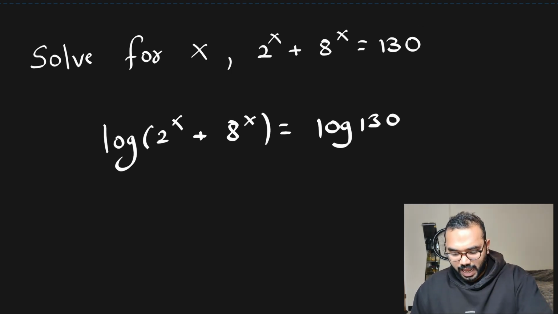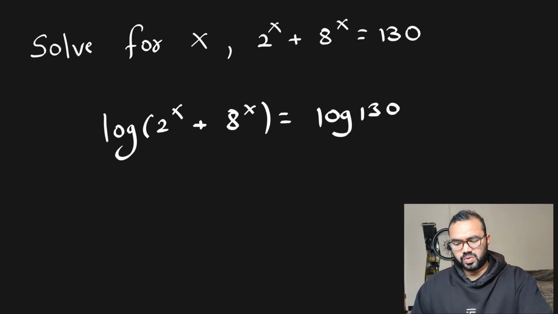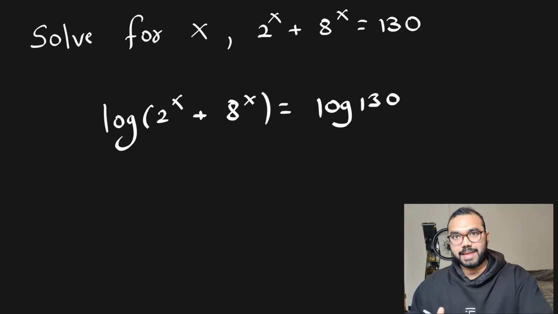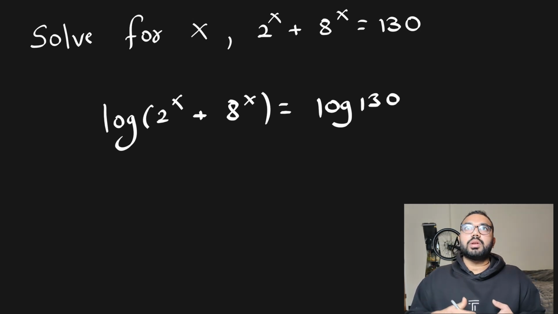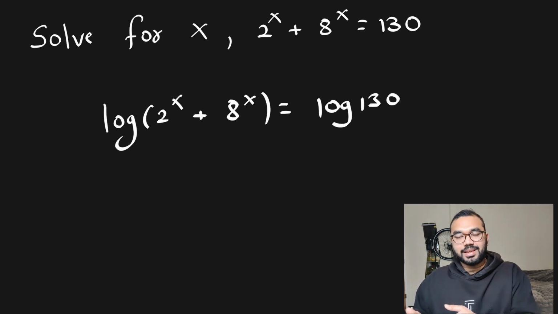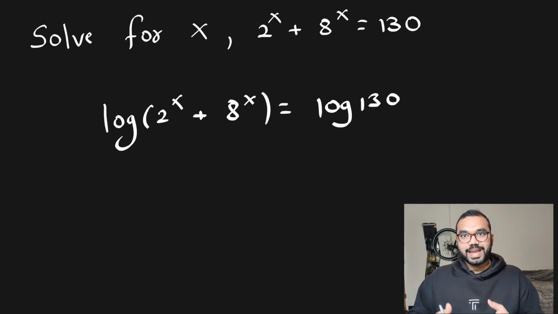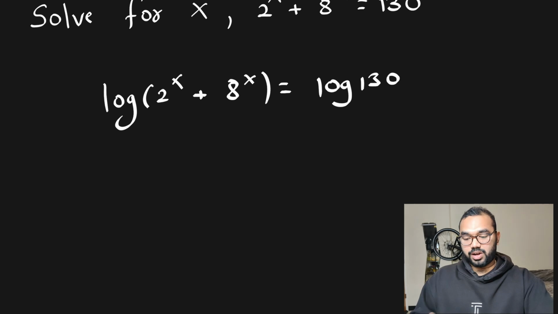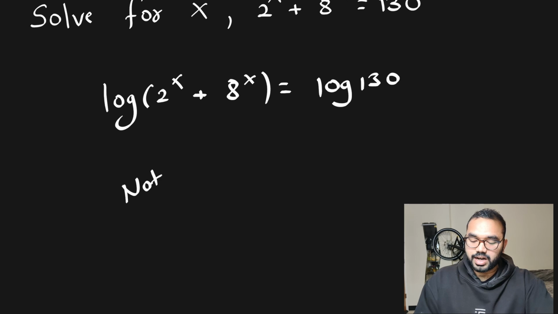Well, I do not know any formula for log of a plus b. I know the formula for log of ab, which is log a plus log b, but if there is a log of a plus b, I can't split it as log a times log b. That is not possible. So applying a logarithm in this is not a good strategy.